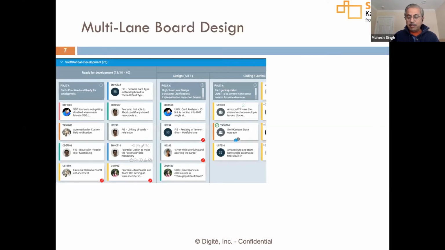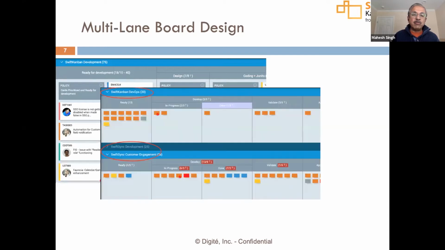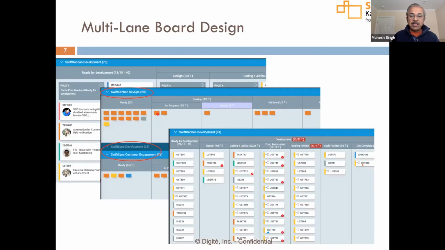Firstly, Swift Kanban is really well known for the kind of modeling capability that we provide in terms of having multiple swim lanes within a board and being able to define specific workflows for each of those swim lanes. So we have a very clear-cut hierarchy that lets you define exactly the kind of process that you have, and as the process goes through any changes, it's easy to modify these changes.